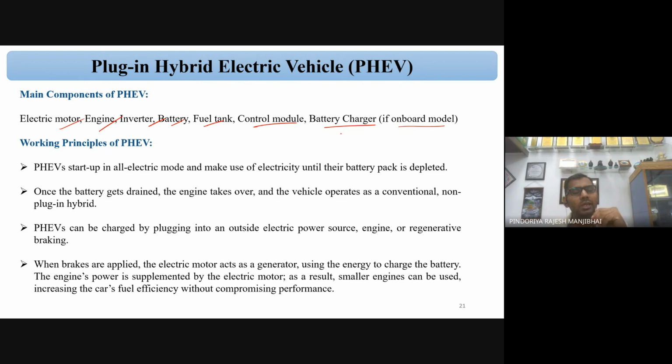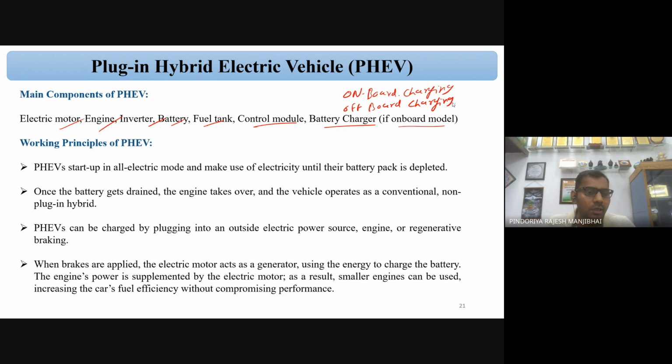So we can say onboard charger and off-board charger. We will see in the third unit. So this is the charging method, onboard charging and off-board charging.